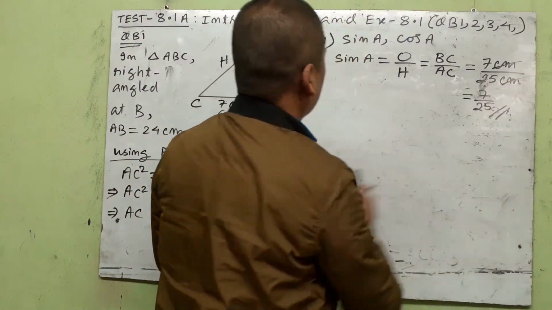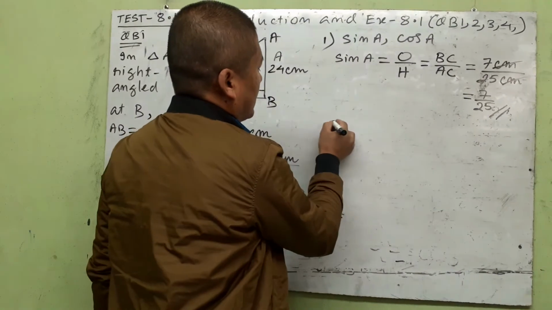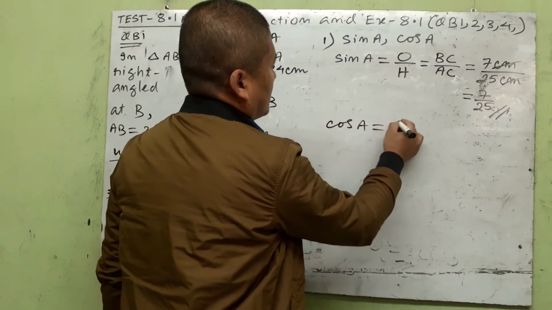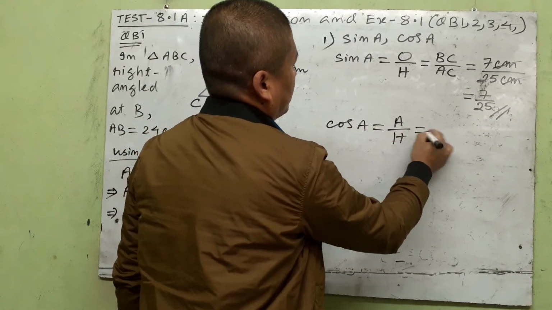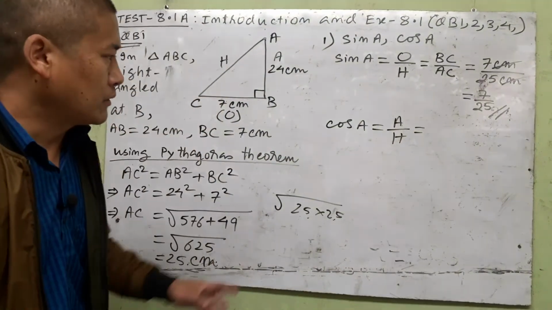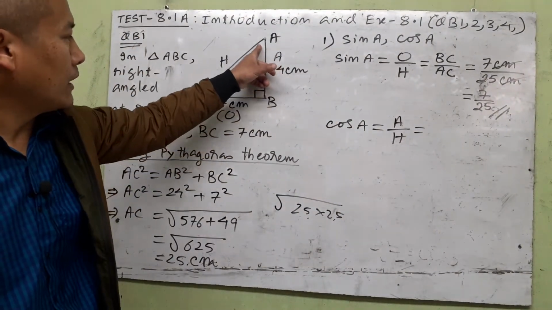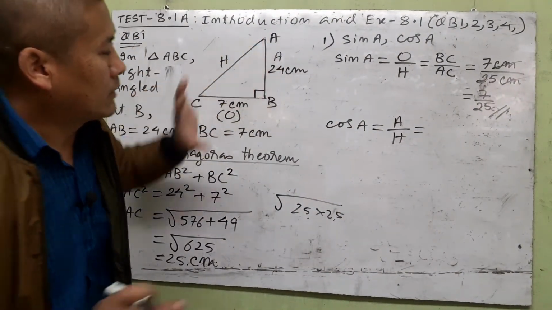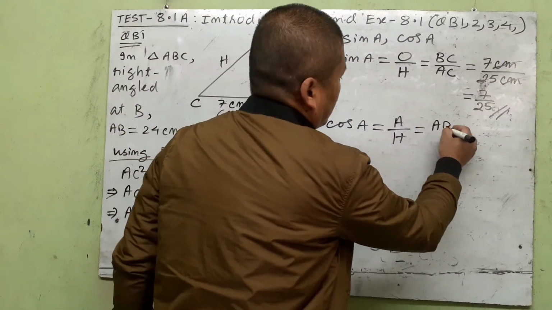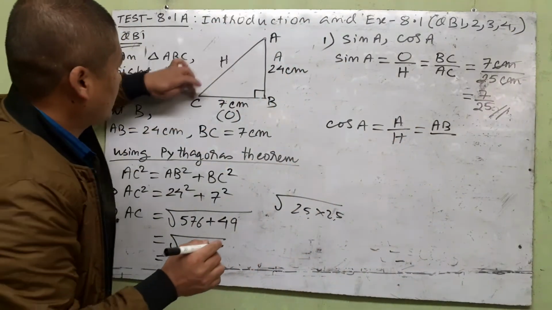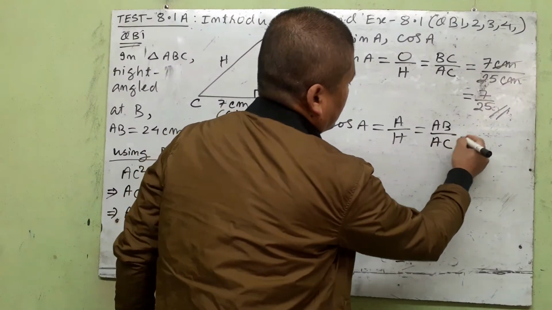Likewise, the second answer. This one, cos A. Cos is adjacent by hypotenuse. We have memorized this previously. So when we take A, same one, adjacent is this one, CA, AB. So we write AB, by hypotenuse is this one, here, AC.